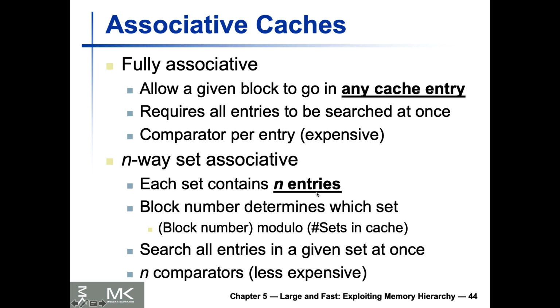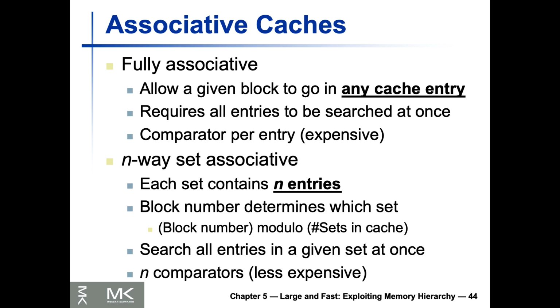The way we find the set is by a simple modulo of the block number by the number of sets in the cache. And inside each of those entries we have to search them all, right? So instead of having a comparator per entry, now we only have n comparators. If you have 4 entries per set, we need 4 comparators, and inside each of those sets we need to find the specific block.